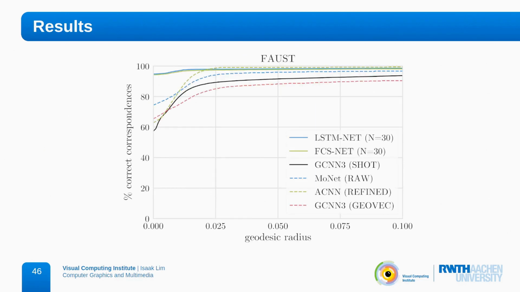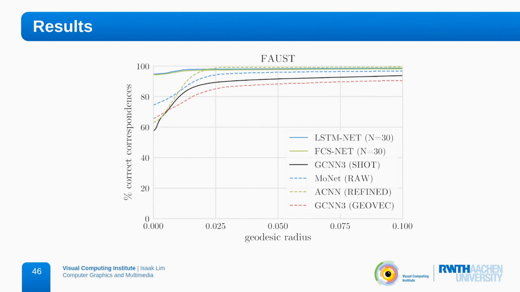Here you see some results. On the x-axis, we have the geodesic neighborhood, and on the y-axis, you have the percentage of correct correspondences that were found within a certain geodesic radius. As you can see here, even for fairly small geodesic radiuses, we are able to produce a high number of correct correspondences.